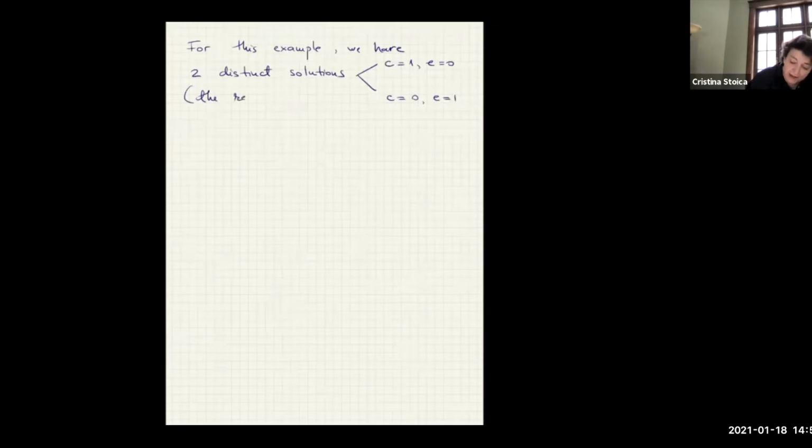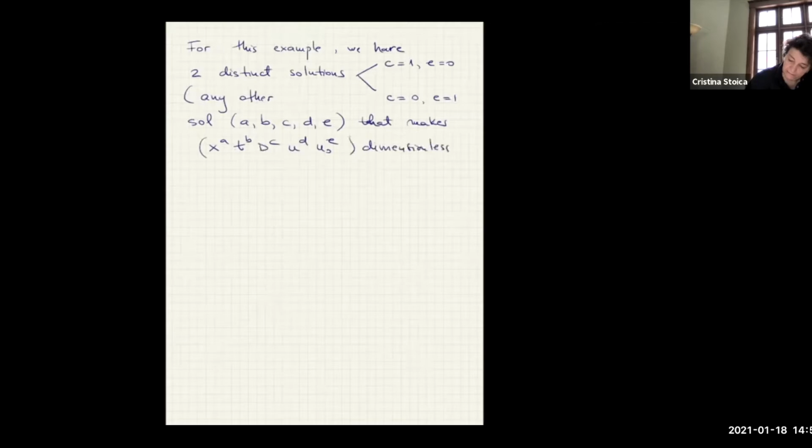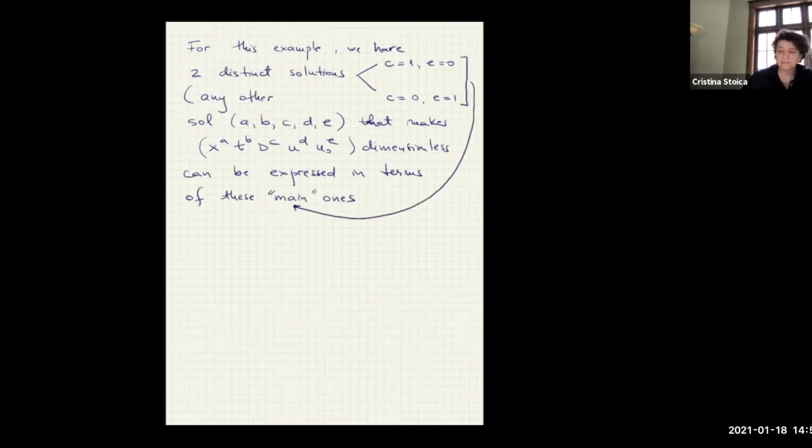And any other solution A, B, C, D, E that makes this thing dimensionless can be expressed in terms of these main ones. Okay, all right, there you go.